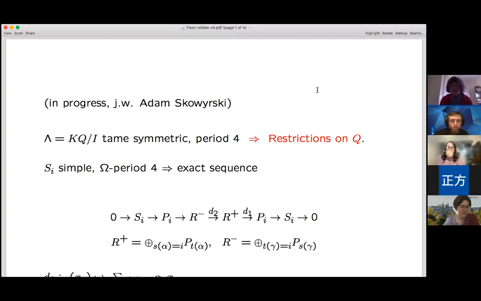It starts with P_i, and then you get all the projectives labeled by arrows starting at i, ending somewhere. And then you take all the arrows which end at i, and so you get another bunch of projectives. And so this is the general setup.